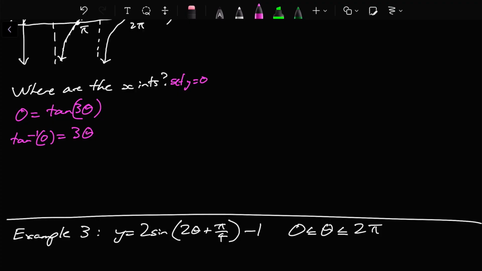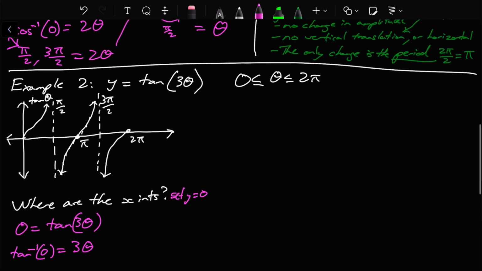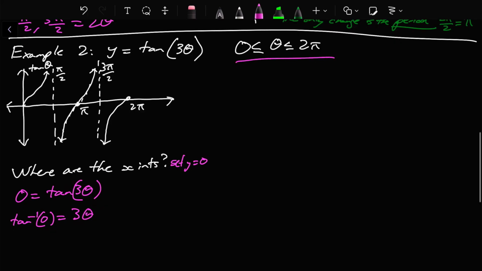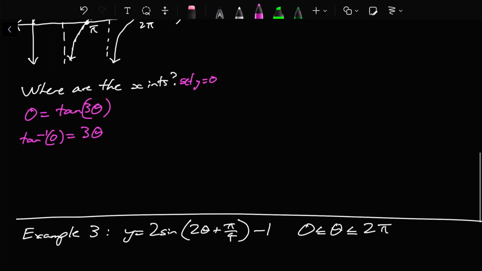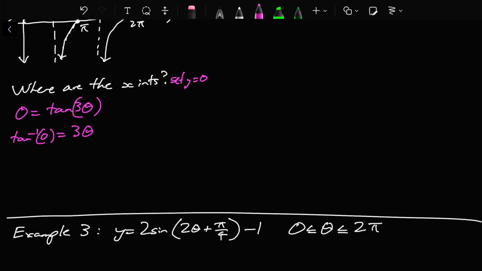Now we think what angles within 0 and 2 pi give us a tan value of 0. Those angles are 0, pi, 2 pi. We can ignore 0 because it's just going to get divided off anyway.